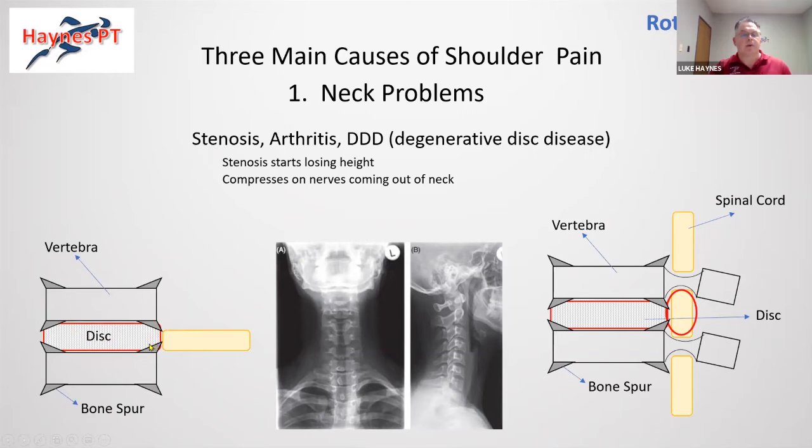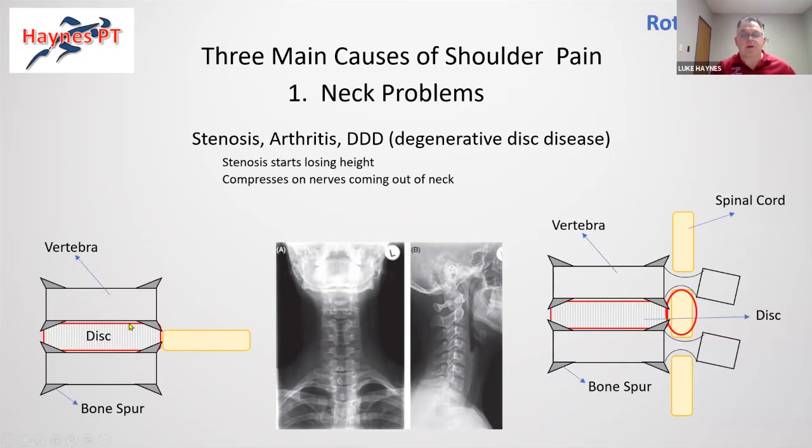Just consider those to be bone spurs or lipping around the vertebra of the spine itself. And so that would be right here where that lipping would take place. Well, whenever this compresses, it lowers down the amount of space that this nerve has to come out. And whenever that does happen, then it can affect everything that's happening further out in the shoulder.